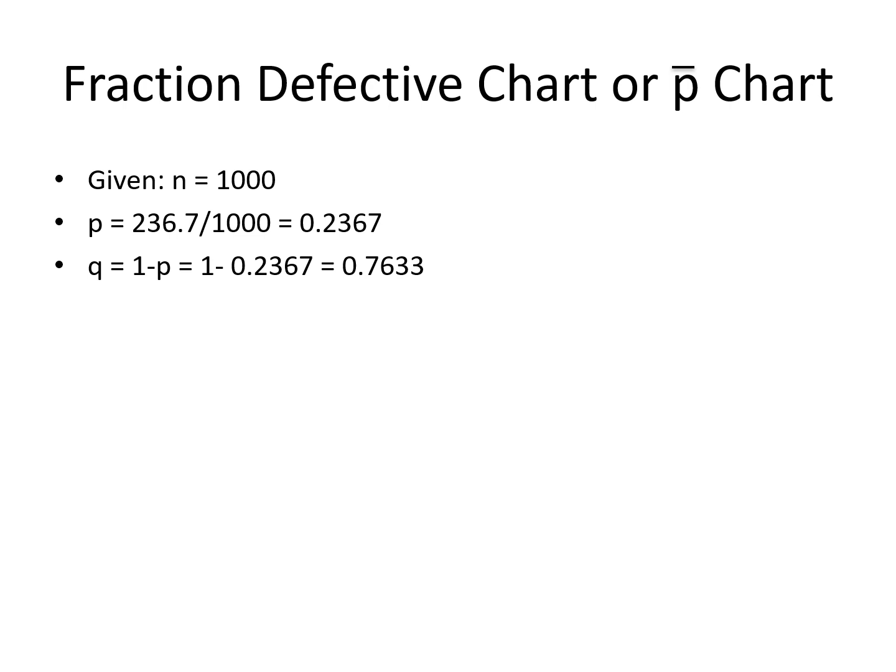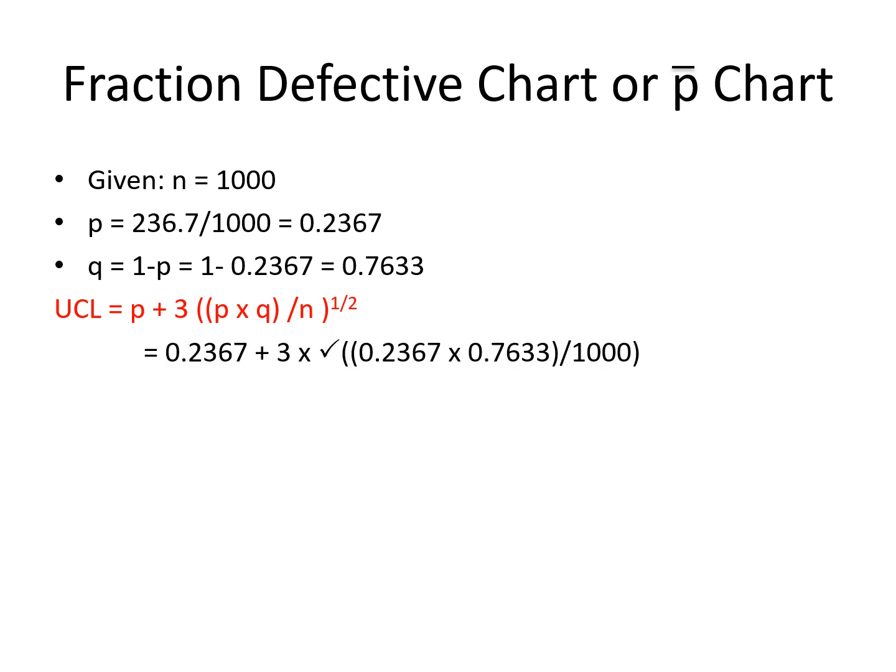With that we find Q. Q is 1 minus P, which is 1 minus 0.2367, which is 0.7633. Now applying the formula for the upper control limit, we have P plus 3 times the square root of PQ upon N, which comes to P plus 3 times 0.01344.